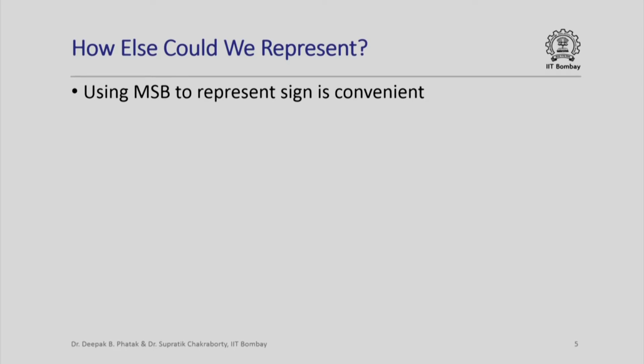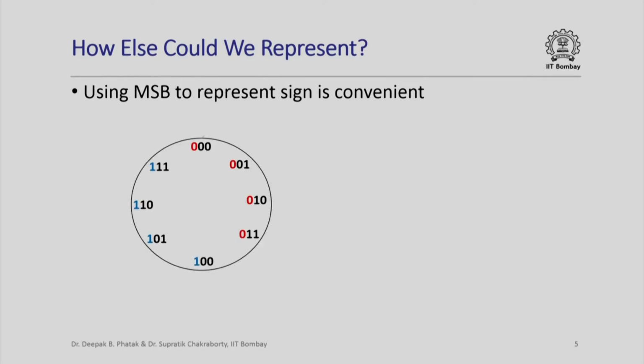Now before we go to 2's complement representation, we would like to ask, how else could we represent negative integers in binary? Using the MSB to represent the sign is really convenient, because we could just look at one bit and tell whether the number is positive or negative. So here is our circle again, and if we say that our MSB still represents the sign, we know that these are plus 0, plus 1, plus 2, plus 3.